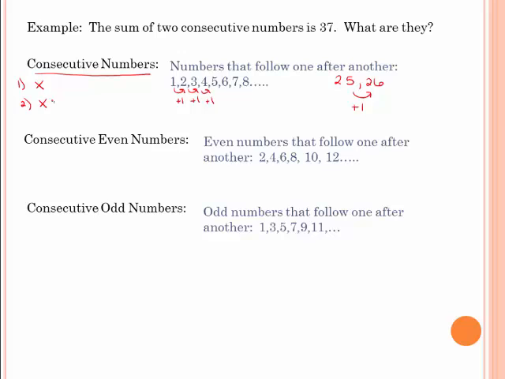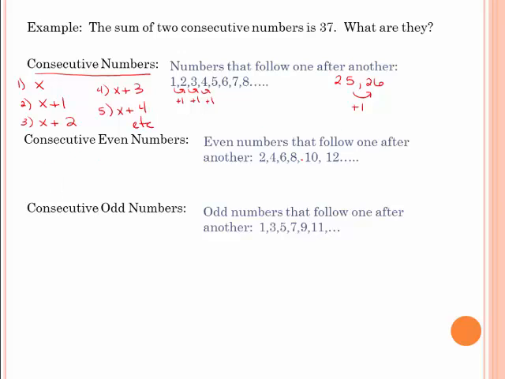My second will be x plus 1. To get to a 3, I add another 1: x plus 2. My fourth number would be x plus 3. My fifth would be x plus 4, etc.